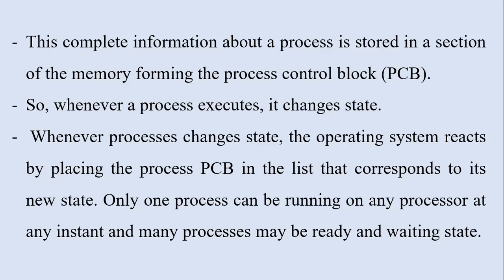Whenever a process changes its state, the operating system reacts by placing the process control block in the list that corresponds to its new state. Only one process can be running on any processor at any instant, and many processes may be ready and in waiting state.